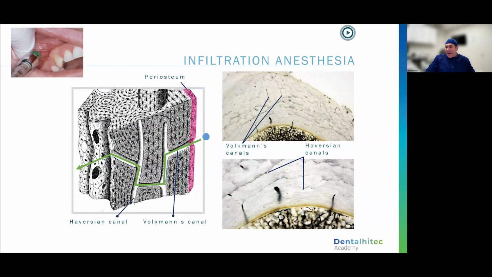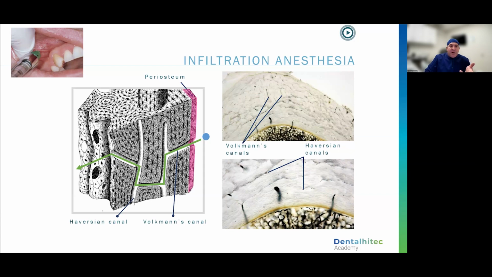So let's take a step back. I think the important thing for us to understand, especially as a new user, is you may not have realized this, but you have been perfusing local anesthesia through the cortical plate into the apex of your tooth since day one of giving local anesthesia to your patients, right?